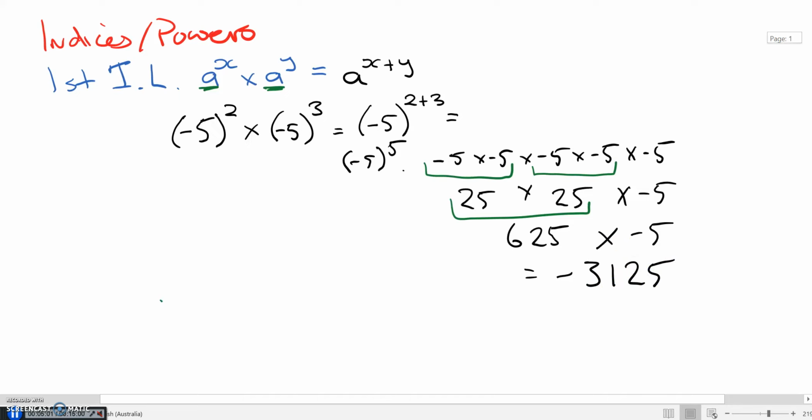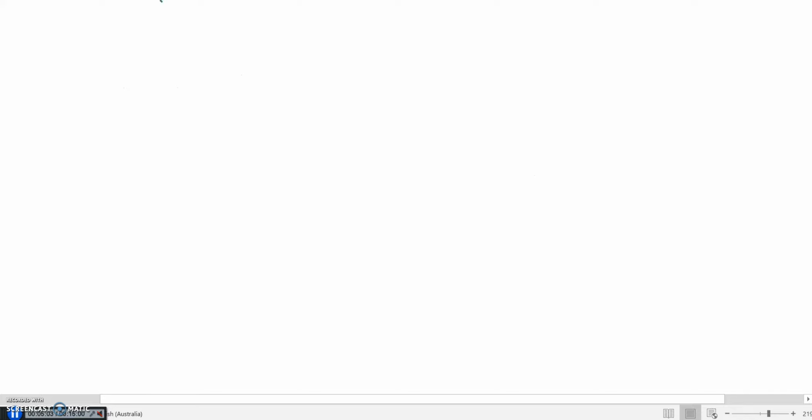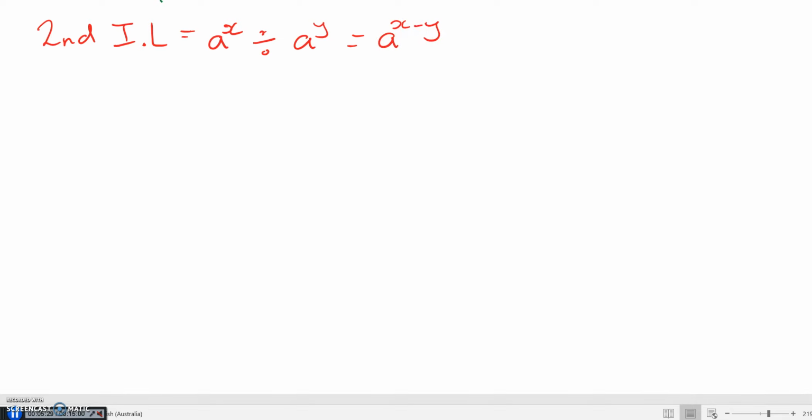Our second index law is looking at doing a division. It says a to the x divided by a to the y is equal to a to the x minus y. Let's use an example we might have seen in the book.